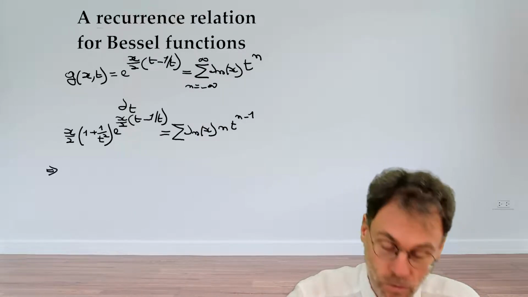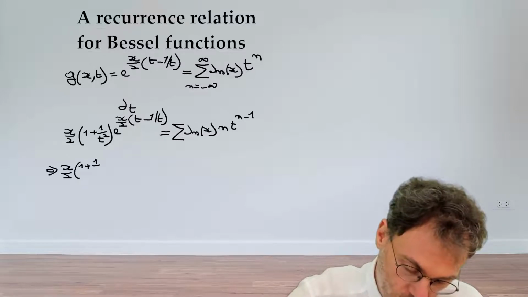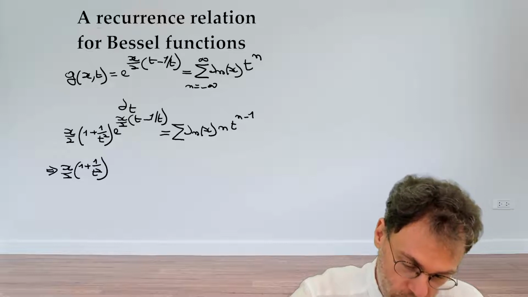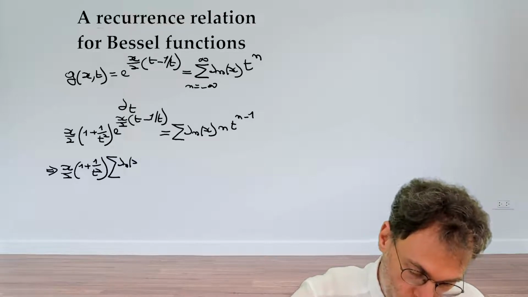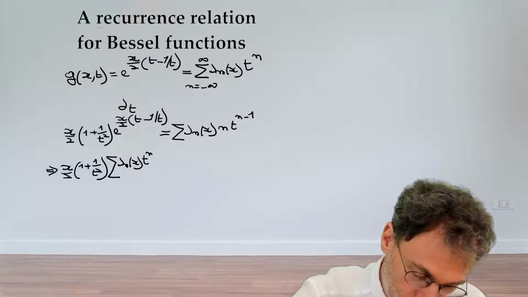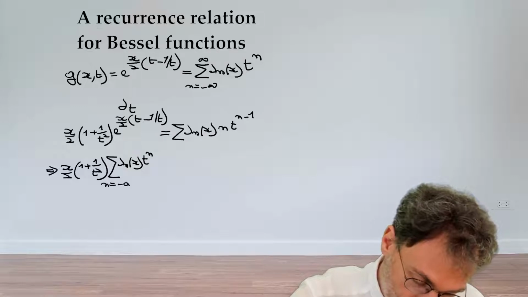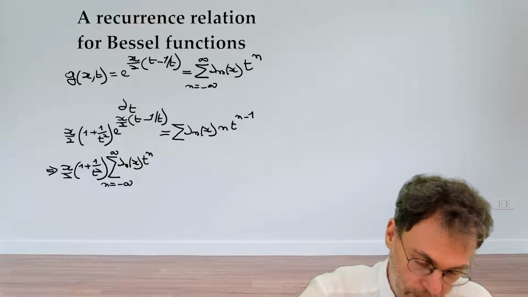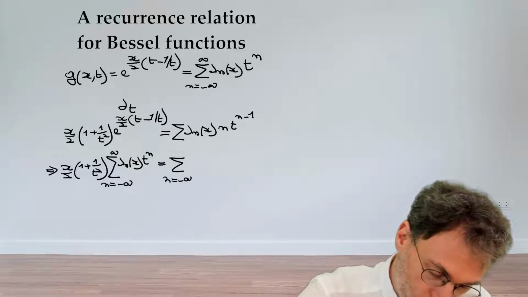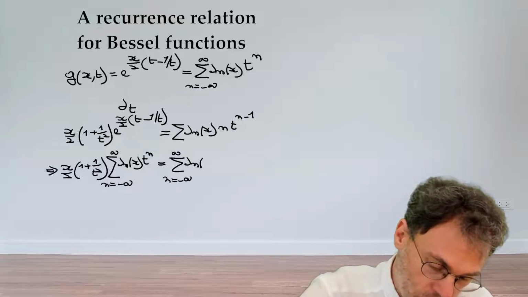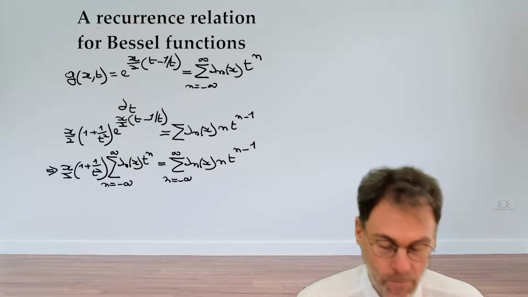If we do that, we get x over 2 times 1 plus 1 over t squared, and then we have the generating function equal to the sum of J_n(x) t to the power of n, with n going from minus infinity to plus infinity. And then we have the right-hand side again, the sum from n minus infinity to plus infinity of J_n(x) n t to the power of n minus 1.